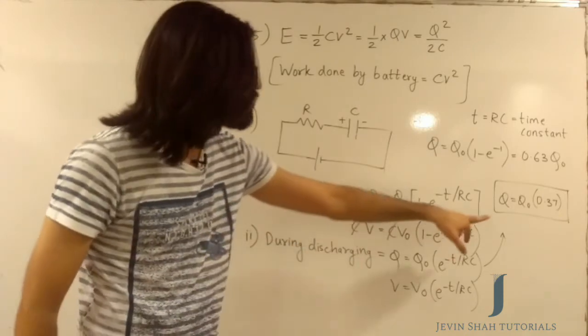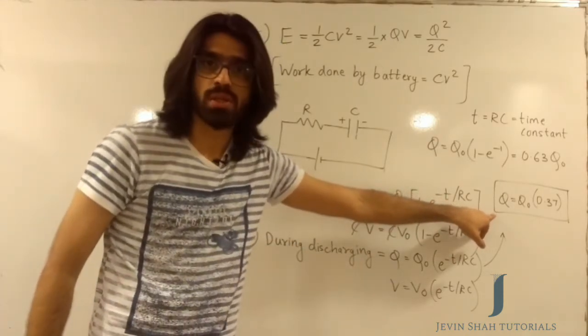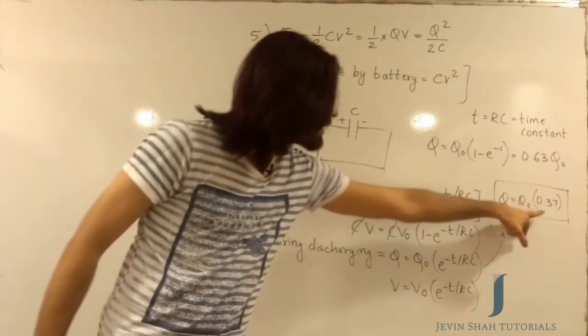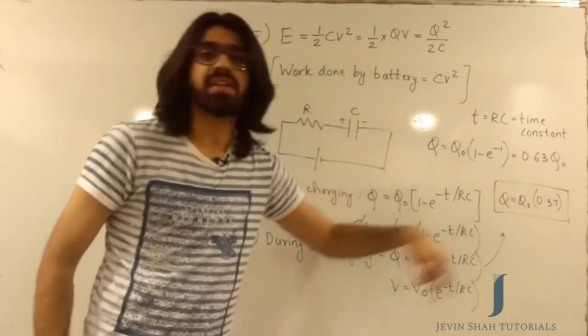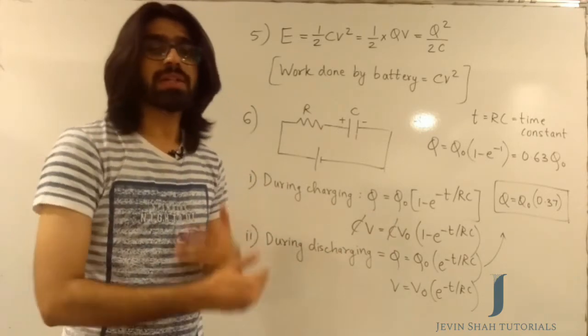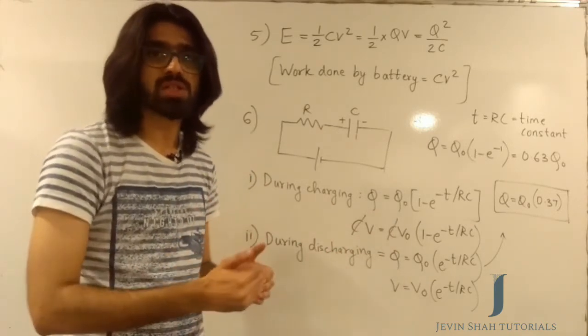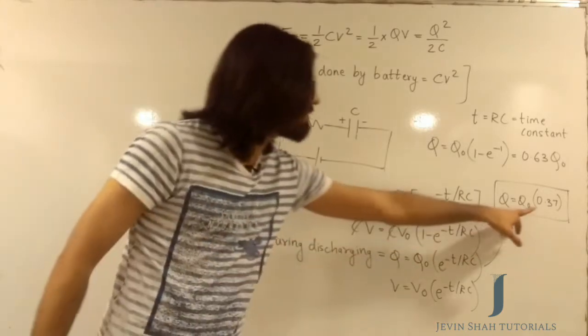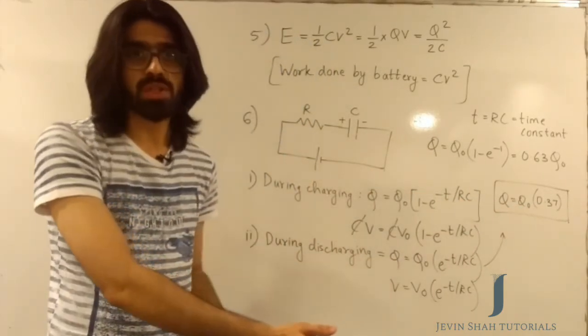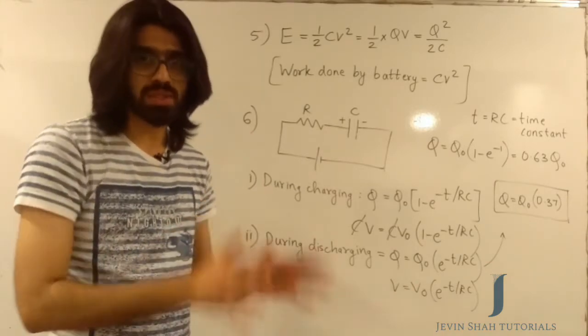And similarly, if you consider the discharging equation, in time equal to time constant, it's only 37% of the charge which is finally left on the capacitor. So while discharging, the time required by the capacitor to discharge to 37% of the total charge is what you call time constant. So in short, you define time constant in this manner.